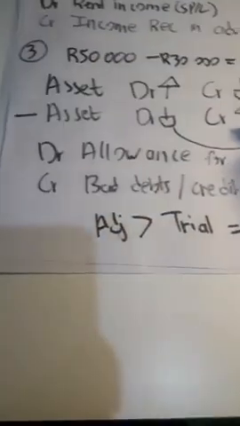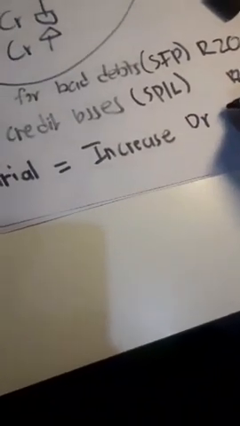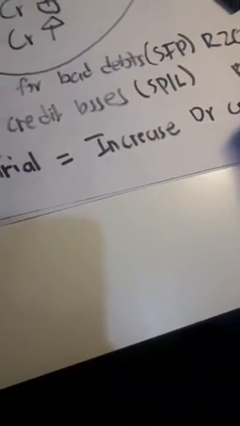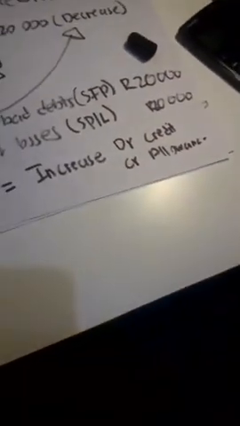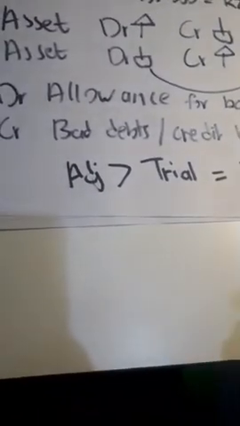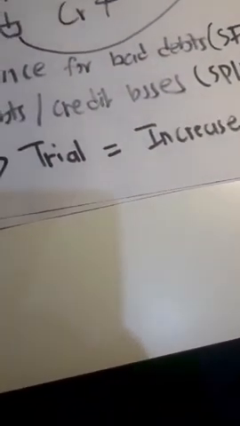Where do you increase your allowances for credit losses? The fact that it's a negative asset, you're going to increase it on the credit side. So you're going to debit credit losses or bad debts, and then you're going to credit allowance. Are we fine? So this is when the allowance for doubtful debt on the adjustment is greater than the one on the trial balance. It shows that you need to increase with the difference, right?